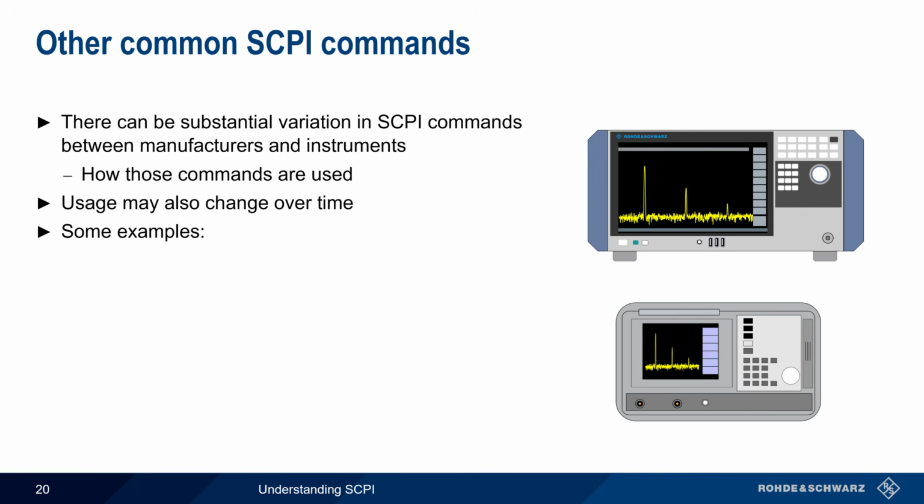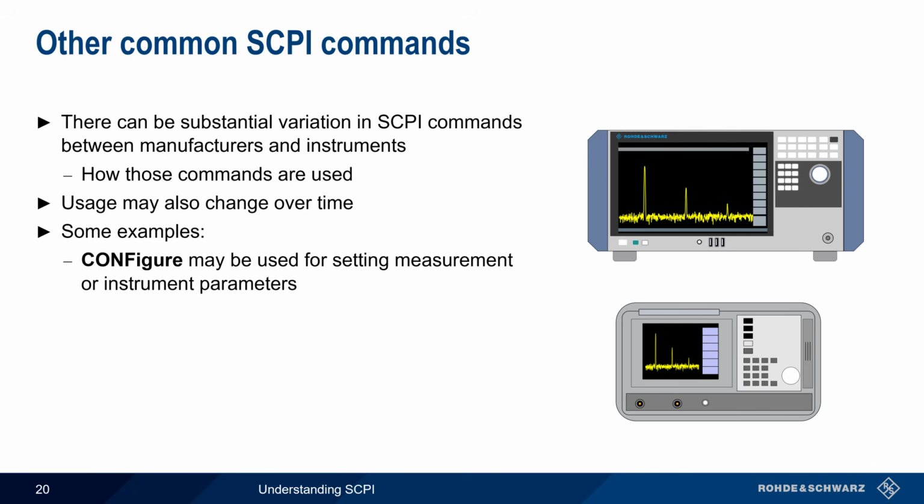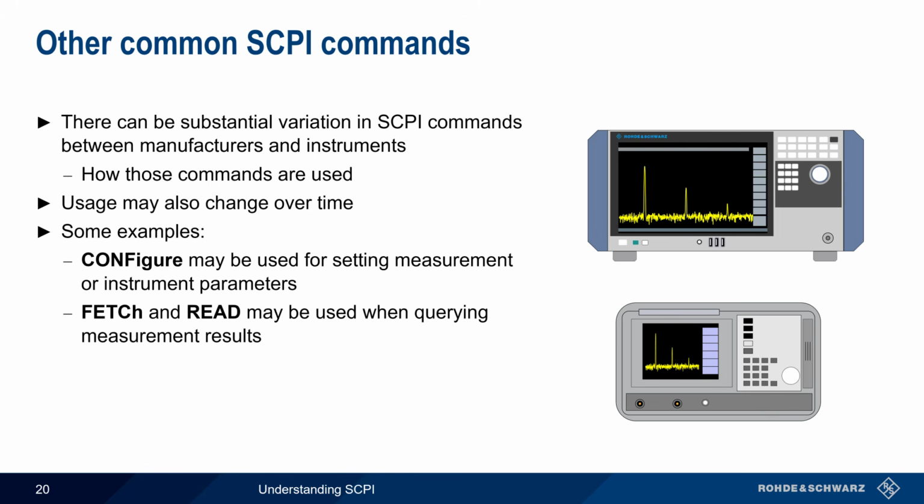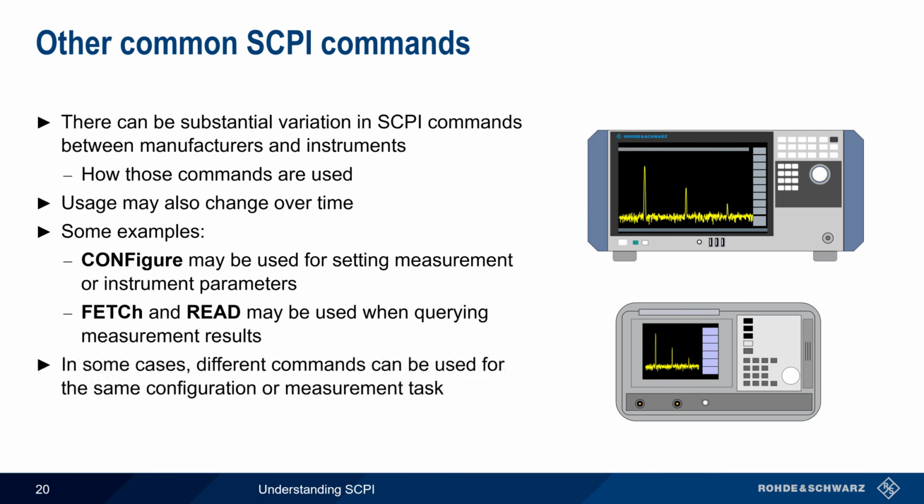For example, the command configure is sometimes used for setting measurement and/or instrument parameters. The commands fetch and read are often used for querying the results of a measurement on older instruments. And as mentioned earlier, in some cases, different commands may be used to accomplish the same configuration or measurement task. When in doubt about the correct command to use, it's always best to consult the programming guide or command reference for a given instrument.